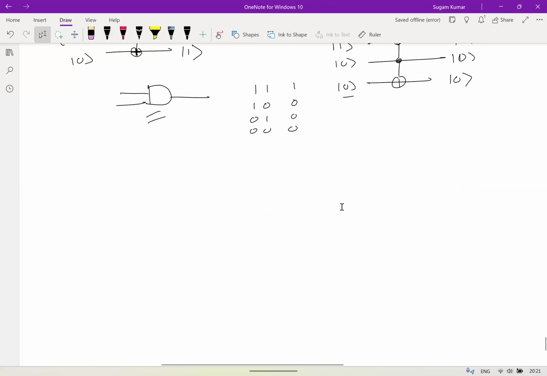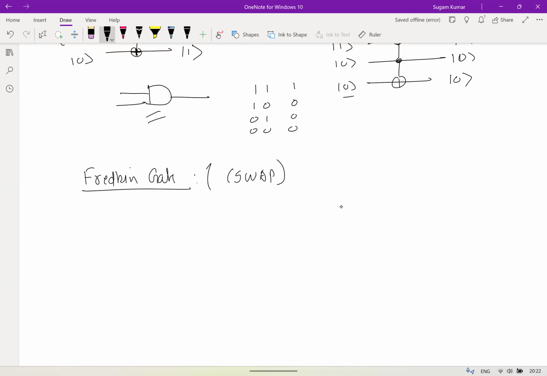We will see that. And the last one is called the Fredkin gate. This is also called the C-swap, or control swap gate. The Fredkin gate is again a 3-qubit gate, and it is going to swap the second and third qubits.